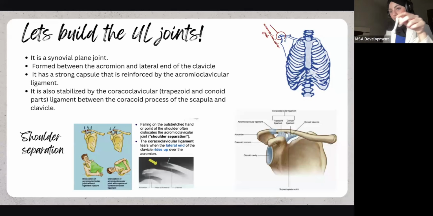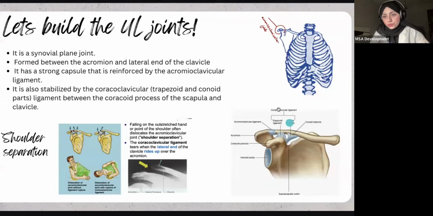So it kind of acts as a sling. I don't know what's a good word, but basically it allows for this free motion, which is why it contributes to the shoulder joint being very freely mobile. It kind of hangs it on the acromion. Okay. This is pretty much all things we knew.